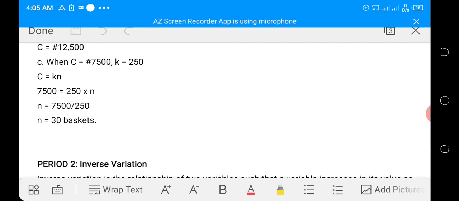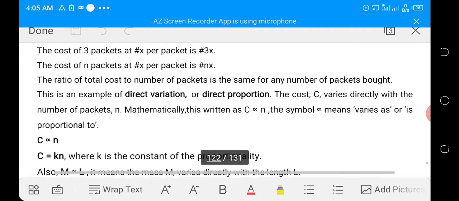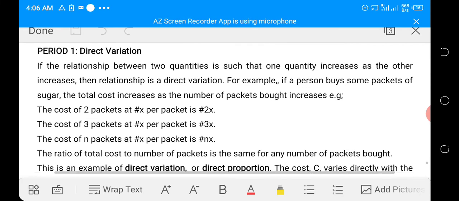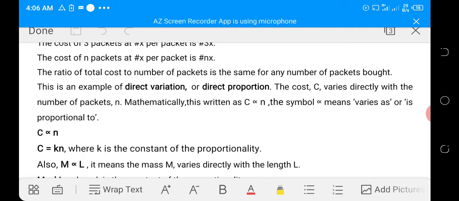But before I call off the class, let us quickly run through what we have discussed so far under direct variation. I said direct variation ensures that if one quantity increases as the other quantity also increases, then the relation between the two quantities is a direct variation. And the symbol, C varies directly as N, for direct variation is as shown in the figure.